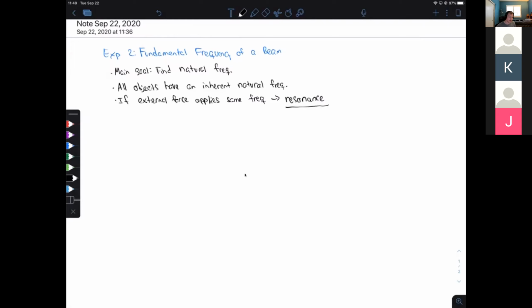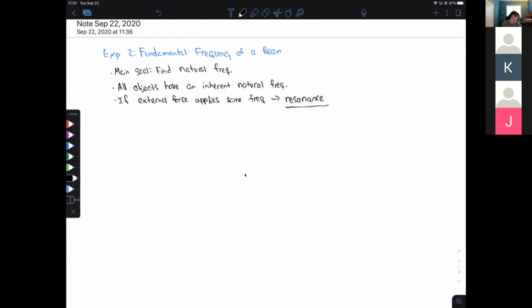Okay. So I think so far, so good, pretty basic stuff. If we want to avoid resonance, which we're not doing in this lab, you would find the natural frequency of your object, and then you just avoid that natural frequency for whatever external forcing frequency you have on the system.